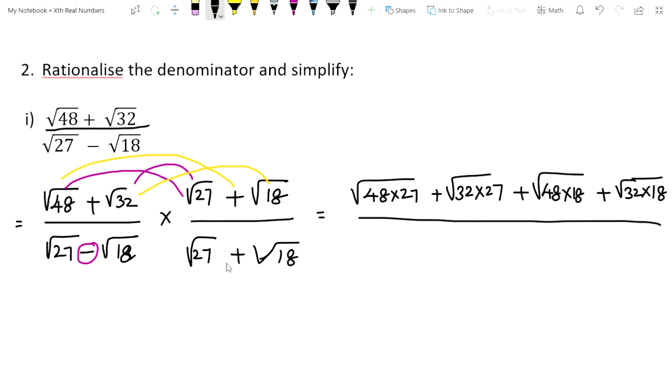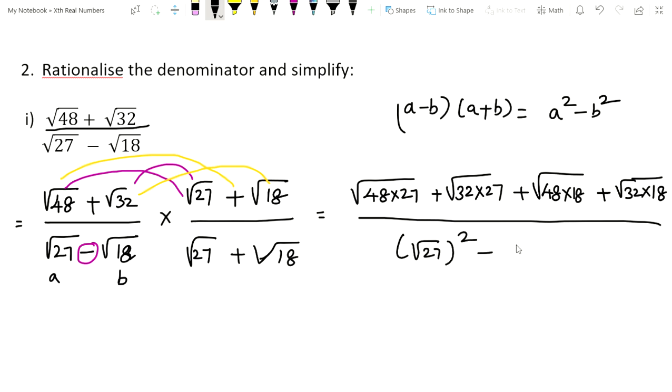Here root 27, root 27, root 18, root 18, only the sign differs. So it is in the form of (a minus b) into (a plus b) equal to a square minus b square. Here a equal to root 27, b equal to root 18. So what will you write? Root 27 the whole square minus root 18 the whole square. You understand, children?